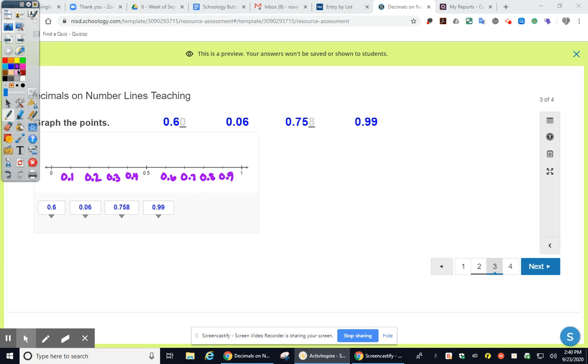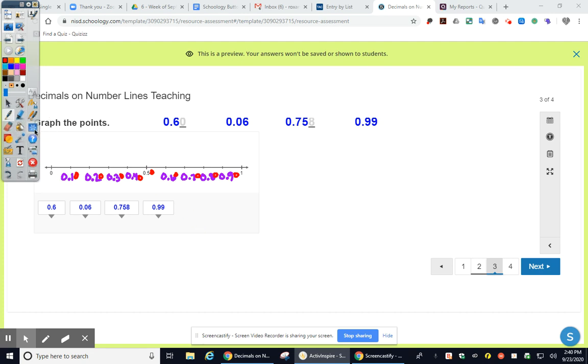And here, again, we can make all of this look like money if we needed to. We can make this look like 10, 20, 30, 40, 50, 60, 70, 80, 90.